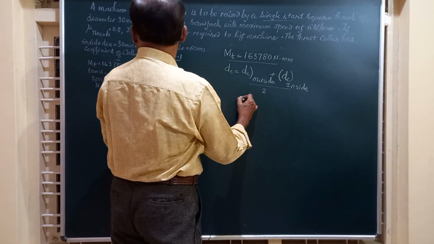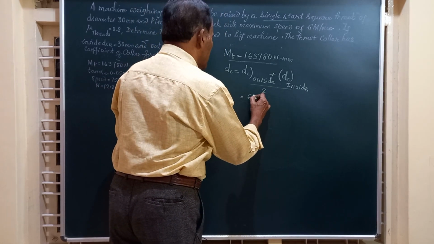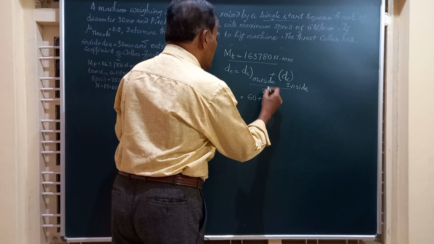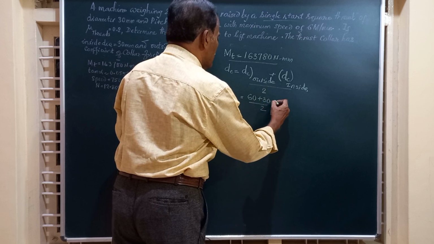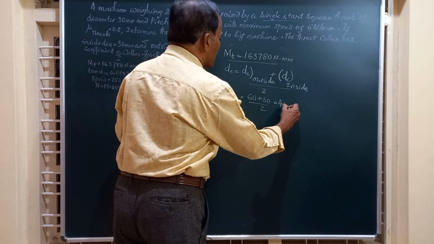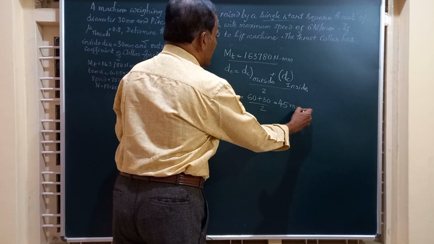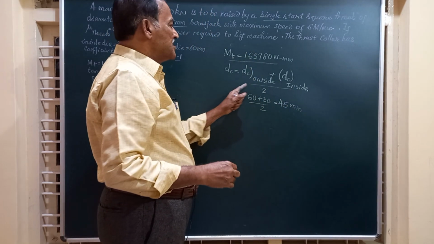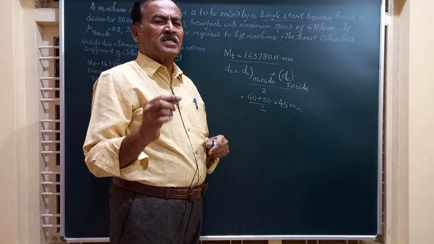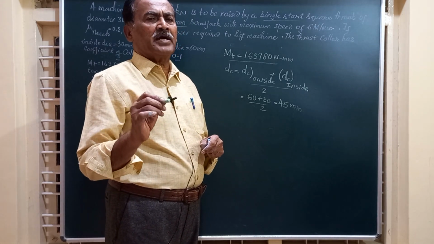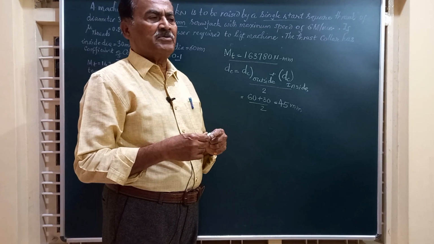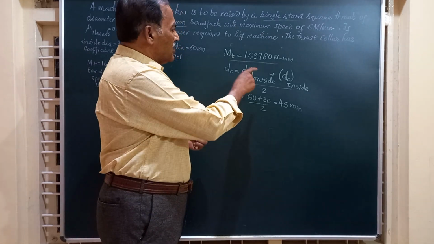The outside diameter is 60, inside is 30, divided by 2, that will become 45 mm. So this we are going to use while calculating this MT. If this is not specified, we will generally take the value as 1.5 times the outside diameter of the thread. Friends, we have got this value.